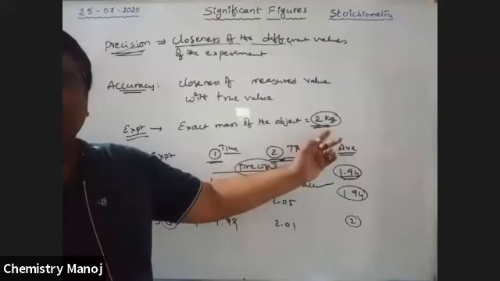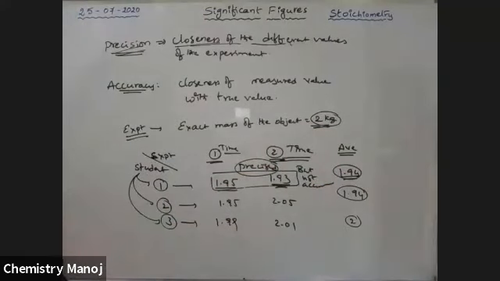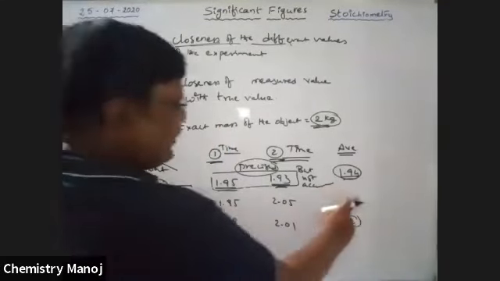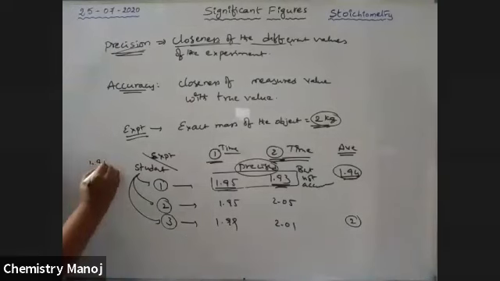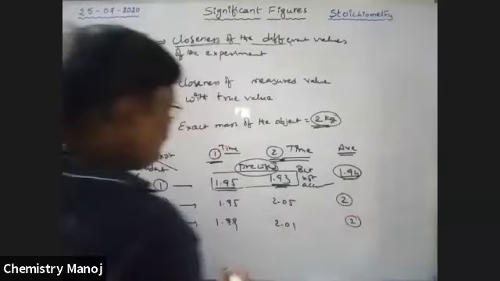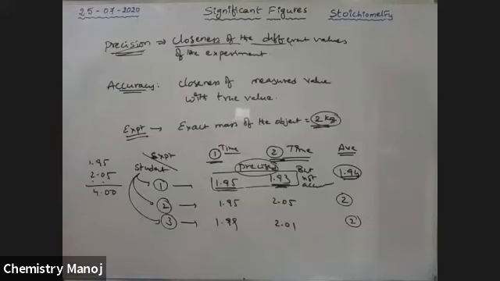The actual true value is 2. What is the average value for this one? See boys, 1.95 and 2.05, the value is 2.00.